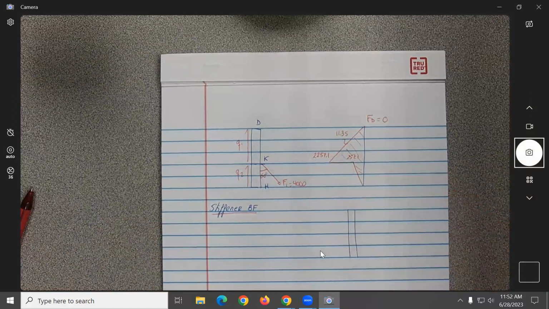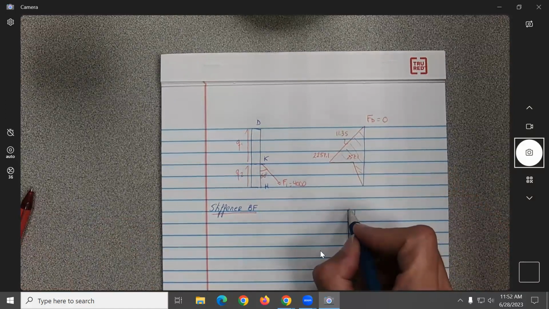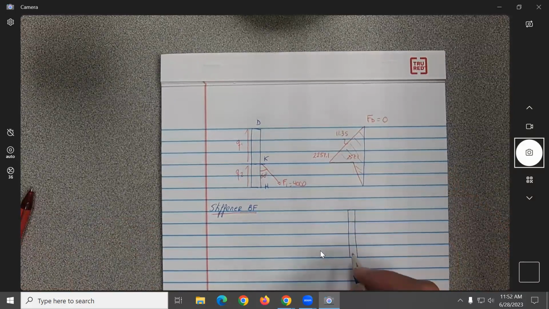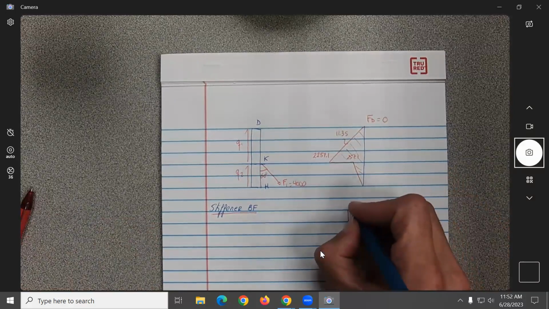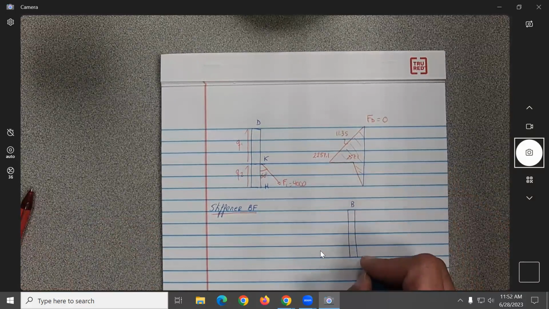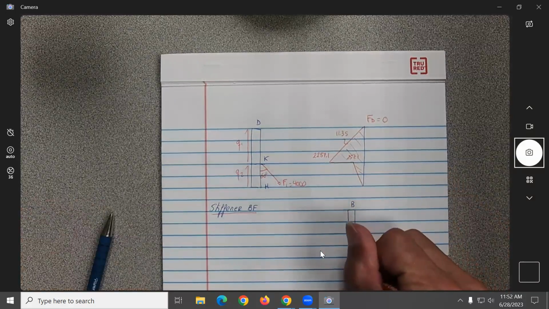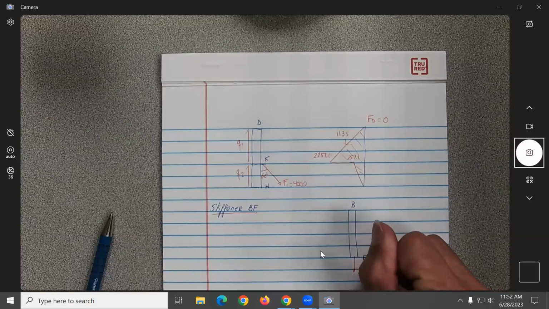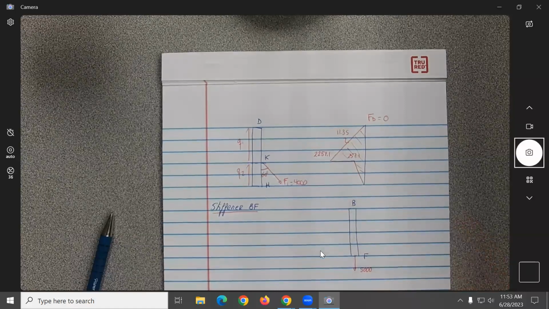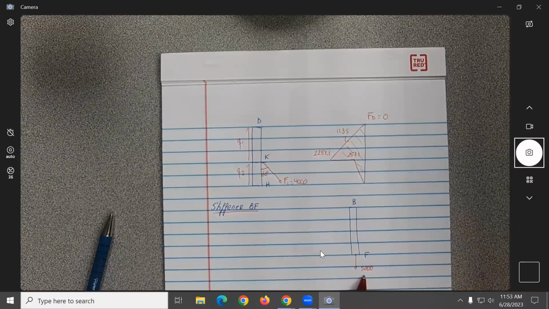I guess that's the one that is the closest to the wall. We have here BF. At point F, we had a force of 5,000. So what should be the load at point F? 5,000, no? Okay.